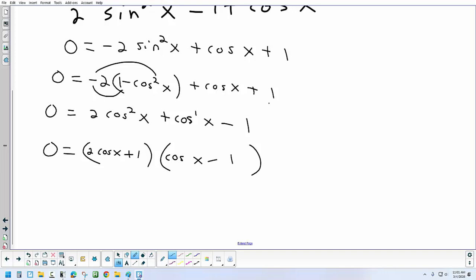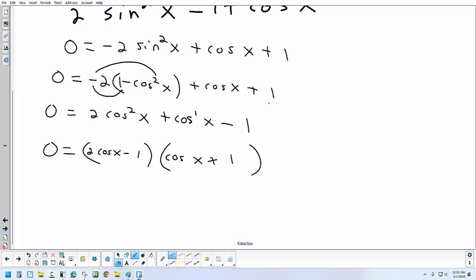That would be negative cosine x. So how do we fix that so we get positive cosine x? Make it minus 1 plus 1. So make that a plus, make that a minus. Now when you distribute, everything is good. Okay, so we factored it.